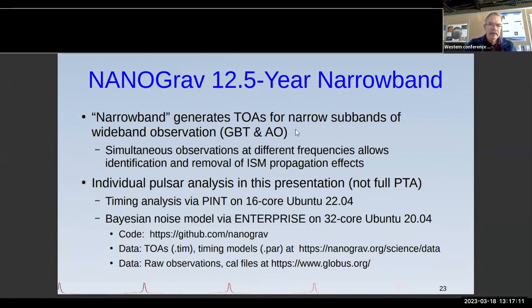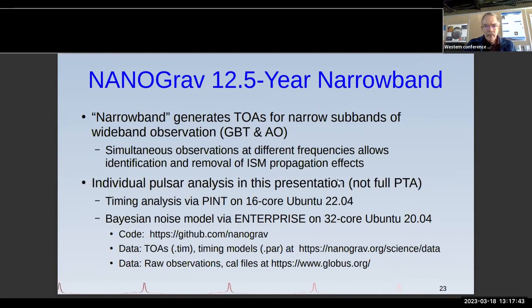They collect the data in very wide chunks at a time, but then they chop it up into narrow subbands. By chopping it up into narrow subbands, they have basically simultaneous time observations at different frequencies, and that lets them identify and remove the dispersion, the propagation effects through the ISM, interstellar matter. So that's all narrowband means: you started with wideband, but they chopped it up into little bitty bands.